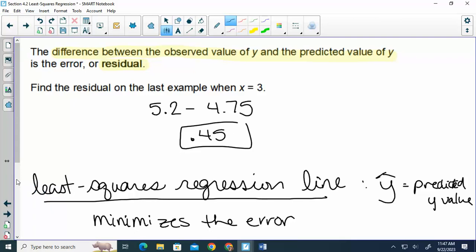And so there is a formula for this. A lot of times we're just going to use the calculator, but like the other things, I want you to know where it comes from, that it's not just something made up.